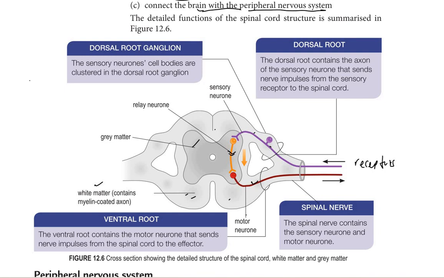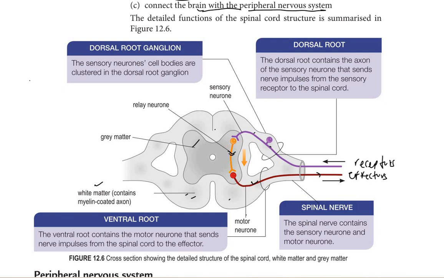Then from the relay neuron, the impulse will be transmitted to the motor neuron. The motor neuron will send the impulse to the effector. So these three neurons can be found in the spinal cord.